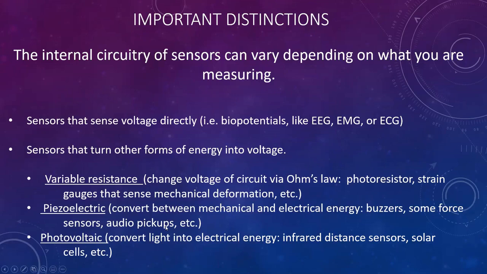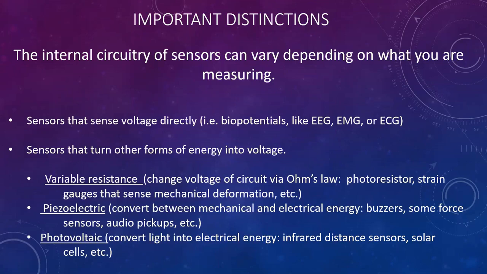There's also some materials that will translate mechanical deformation into electrical energy. And these are called piezoelectric. So this is the basis of many buzzers, as well as some force sensors, audio pickups, things like that. One of the nice things about piezoelectric devices is that they work in both directions. So if you take a piezoelectric material and you mechanically deform it, it produces electricity that you can sense.